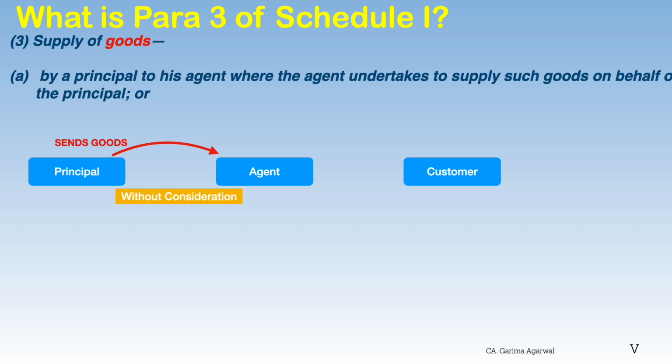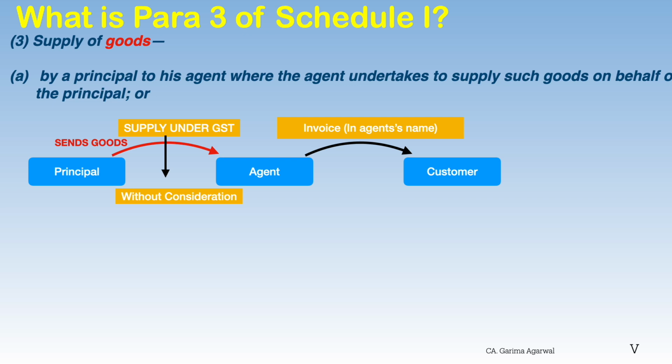So if the principal supplies goods to the agent without consideration and the agent sells the goods to the customer in its own name, then the supply between the principal and the agent is a supply and GST will apply even if it is made without consideration.